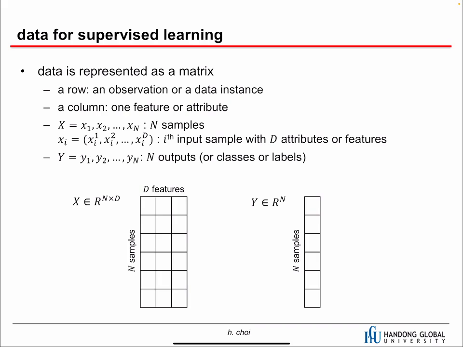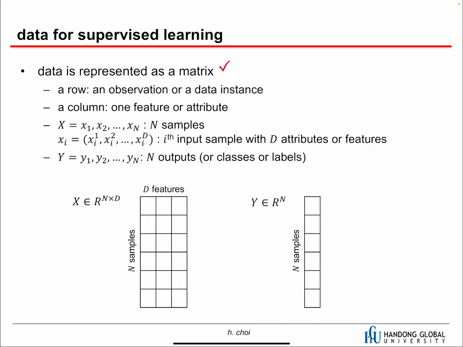Let's talk about the data for supervised learning. Data is represented as a matrix or tensor. It could be a high order tensor, but let's assume that this is a simple problem, so we have a matrix. A row can be an observation or a data instance, and a column can be one feature or attribute.